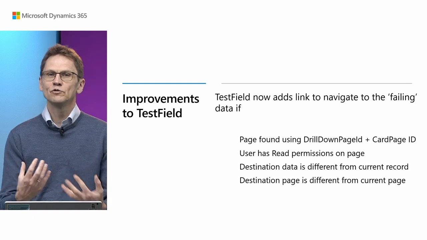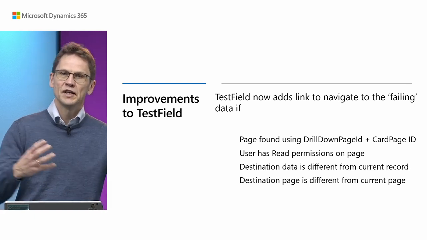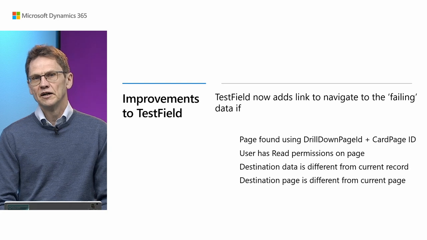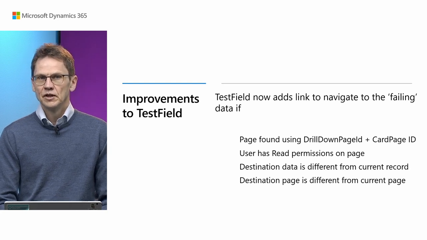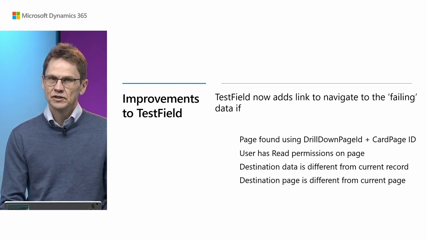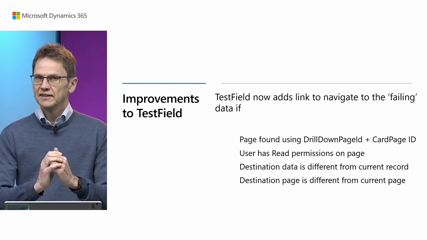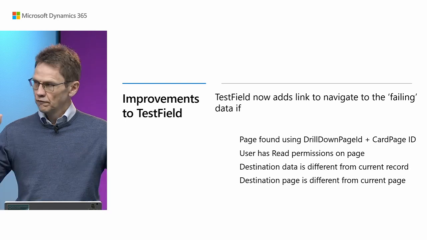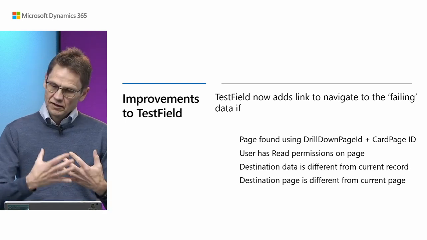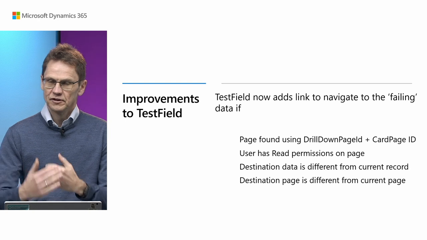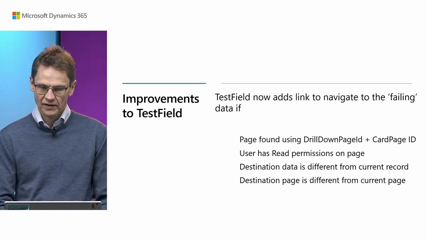But we thought, well, how can we actually move this forward without putting a lot of burden on the application developers? So we've added new capabilities to TestField so that it can add a navigation link to the failing data. So the data that shouldn't be blank or the data that should be a given value.